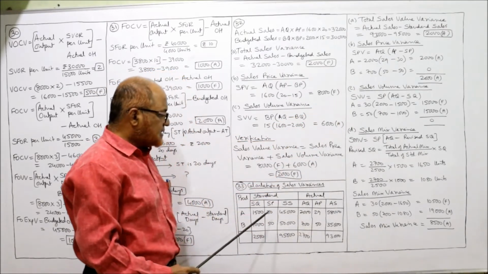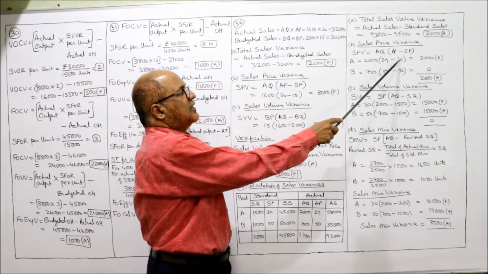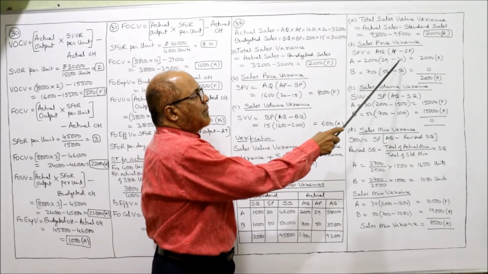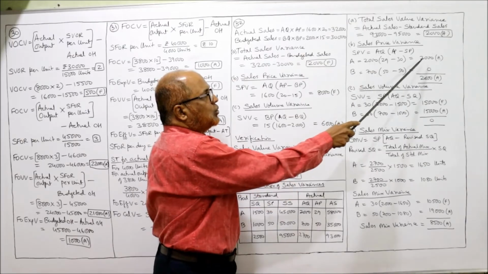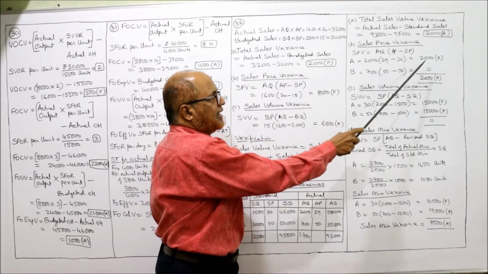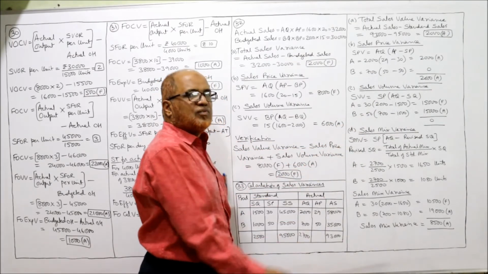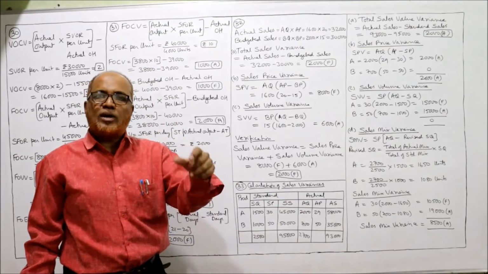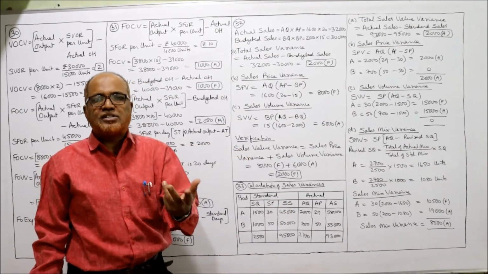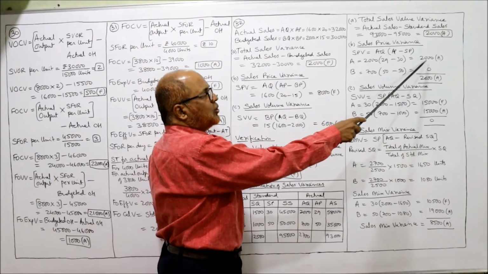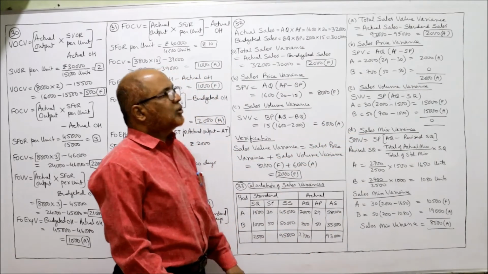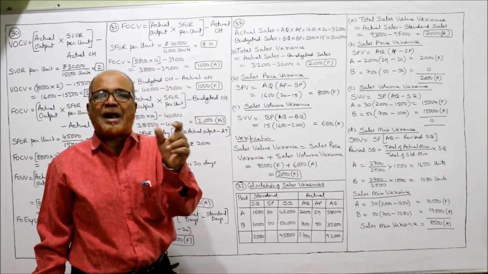Standard selling price 30 and 50. So 29 minus 30 into 2000, 2000 adverse because we are getting negative. Then 50 minus 50 is 0. When 0 is multiplied with any figure, it will be 0. So total 2000 adverse is the sales price variance.